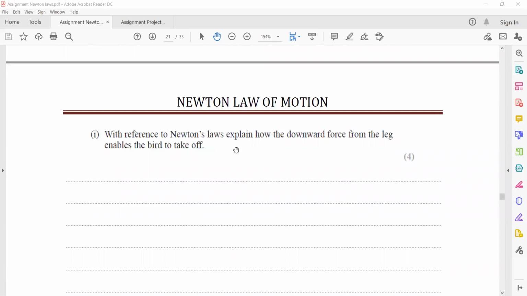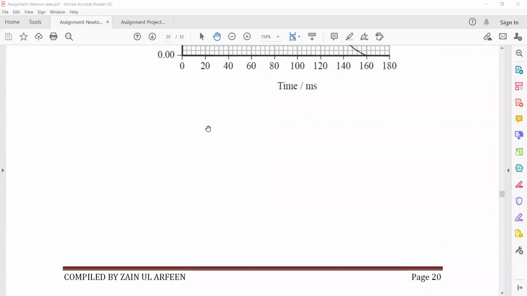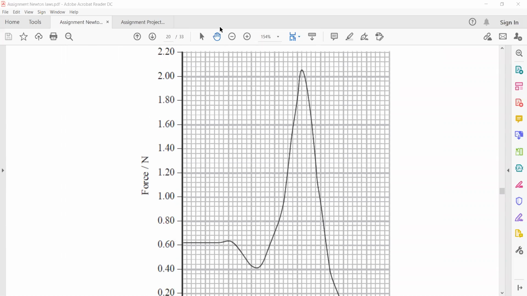With reference to Newton's law, explain how the downward force from the leg enables the bird to take off. For example, say this is a bird on the surface of the earth. Earth is pulling the bird, that's weight, and the bird is also pulling the earth with an equal force.